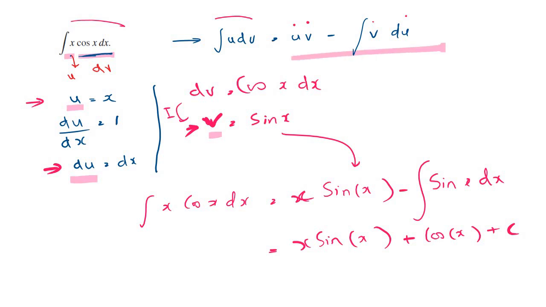Let me do another example. Let's look at the example x squared e to the x. Here we want to take u as x squared, because when you differentiate u, the power reduces. That is very useful here. That's the function you should differentiate, and then we take the other part as dv.